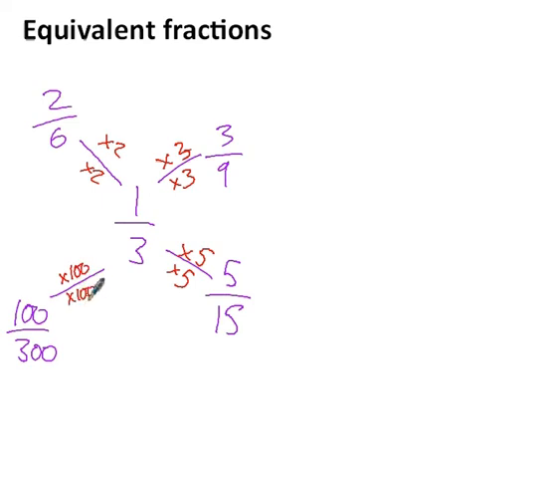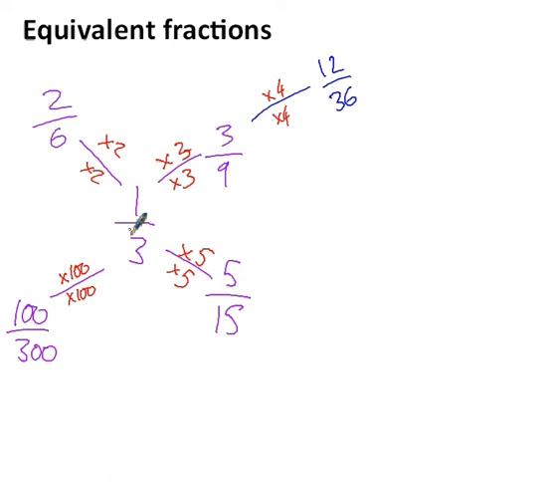I could then continue on and find equivalent fractions to these, albeit that all of them will be equivalent. So let's multiply top and bottom by 4, let's say. And what would I get? I would get 12 over 36. So that is equivalent to 3 over 9, and that's also equivalent to 1/3.